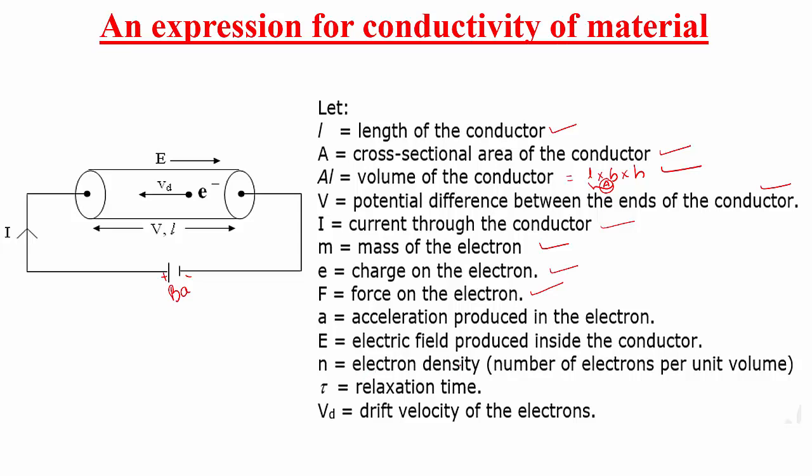And n indicates electron density, that means number of electrons per unit volume. And tau indicates relaxation time. This is the average time interval between two successive collisions. And at last Vd indicates drift velocity. So you should know all these symbols before going to derive an expression for conductivity of material.